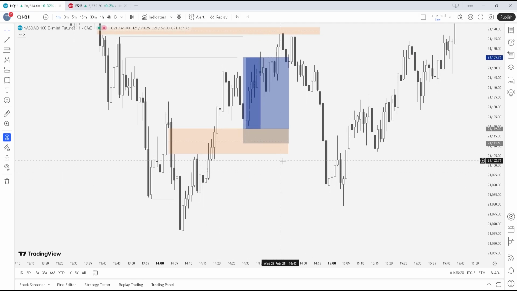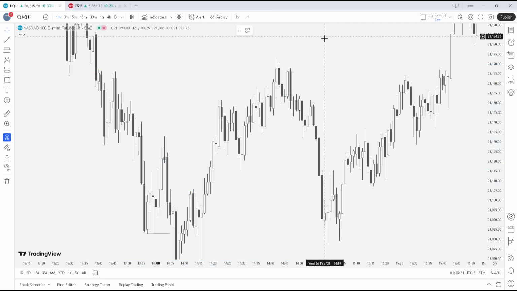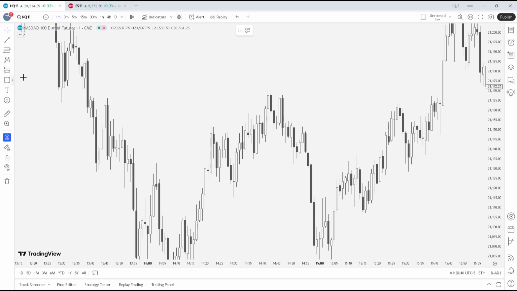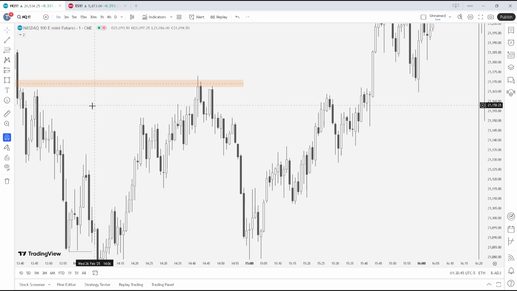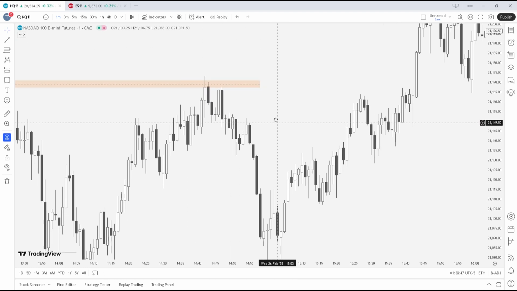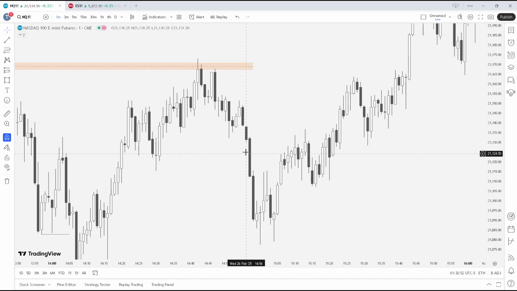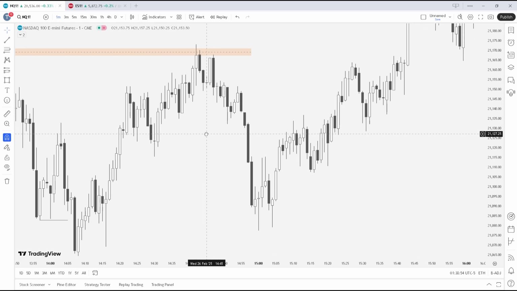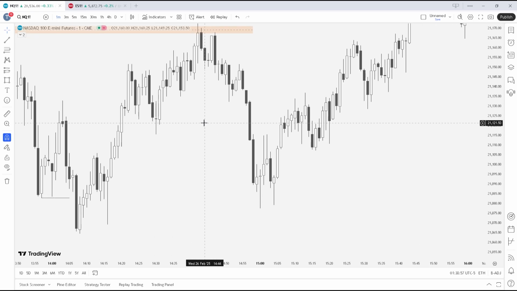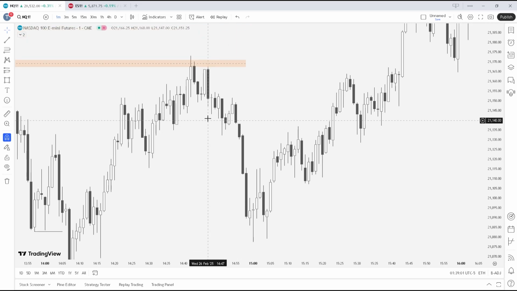So you can see how well these BPRs and fair value gaps actually work, but you just have to make sure that everything aligns with liquidity first, because you can see, once we come into this fair value gap, we sweep out all of this buy side liquidity. Now there's a reason to go lower, and there isn't an actual BPR right here, but if there was, I would assume that it would actually work.